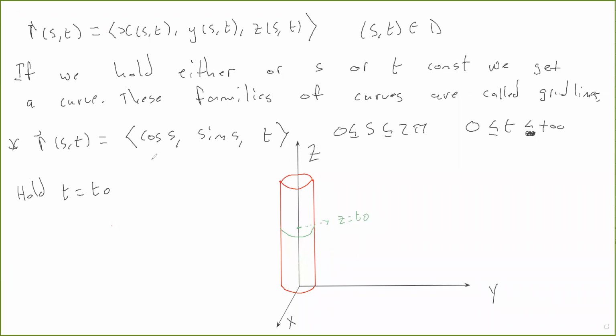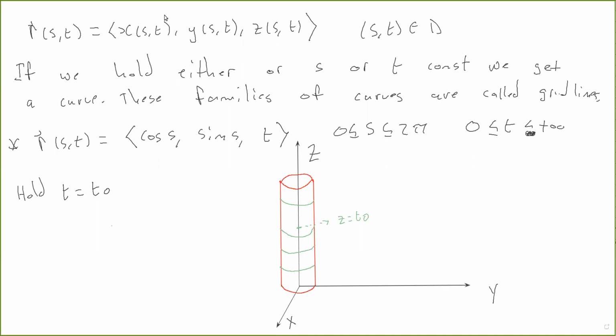So the family of grid lines, when we hold t fixed, are just going to be these horizontal circles, going from the bottom all the way up to infinity. Given the way things are oriented, we might call these latitude lines. These are all circles, they're all parallel with each other.